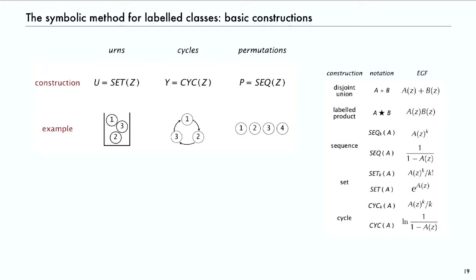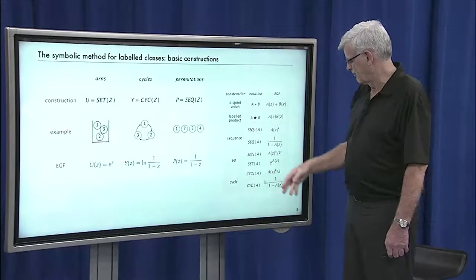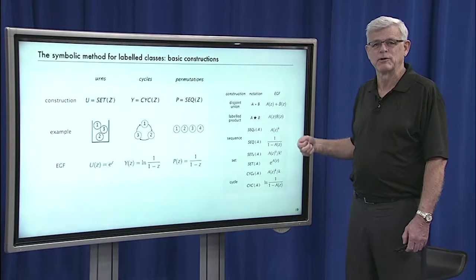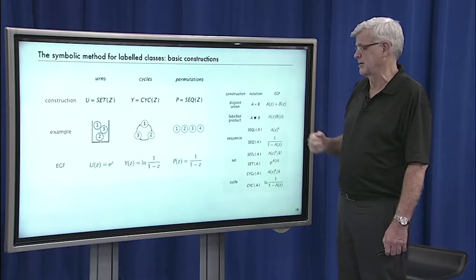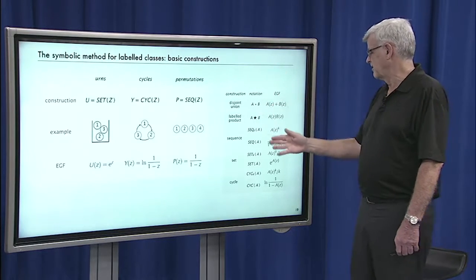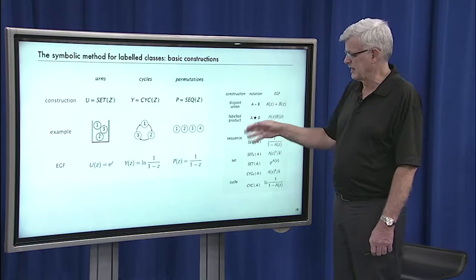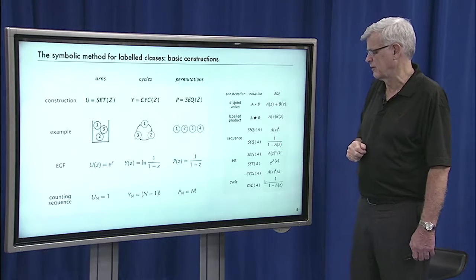And the transfer theorems immediately give us the generating functions without having to count. The EGF for urns is e to the z. It's a set of objects. A single object has GF z, and the theorem says you take e to that power for sets. For cycles, it's log of 1 over 1 minus z, directly from the transfer theorem. We don't have to reason about counting them. And for permutations, it's 1 over 1 minus z, again, directly from the transfer theorem.